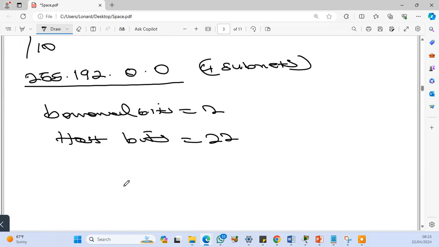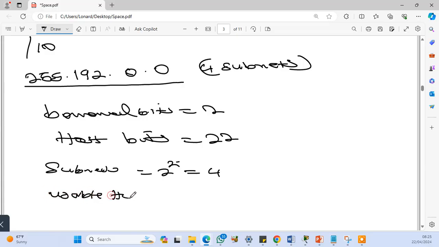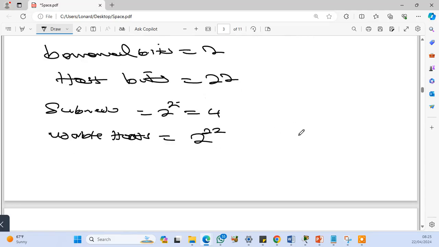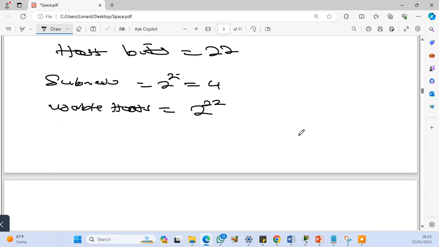And then number of subnets, we know that there are 4 subnets. It is 2 to power 2, these are borrowed bits, and gives us 4. Then the number of usable hosts is going to be 2 power 22. We are not going to use it anywhere, but all we need is just to know.